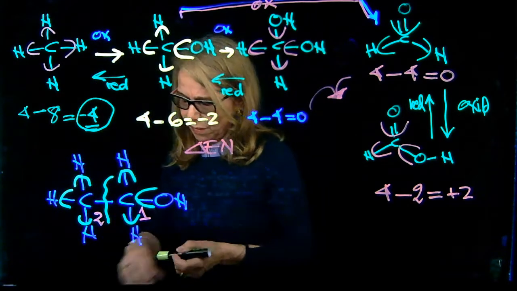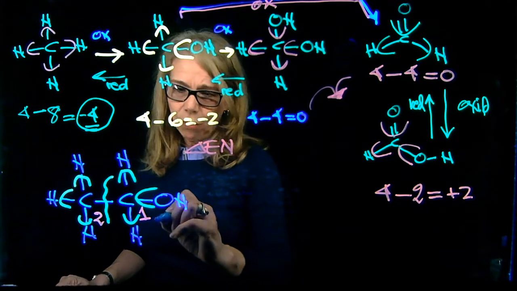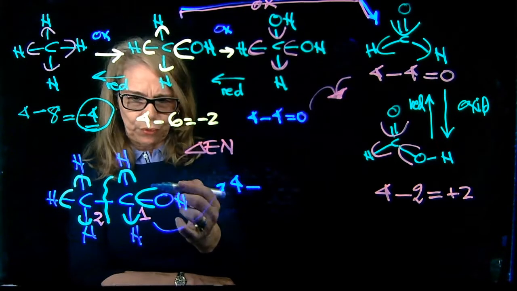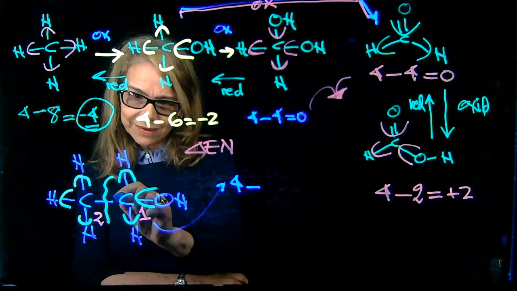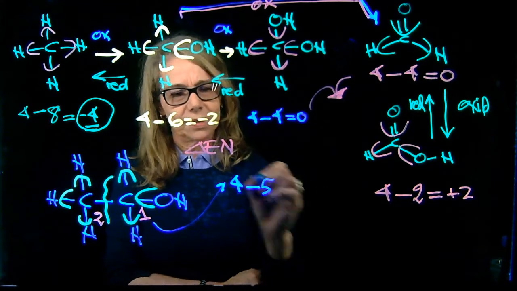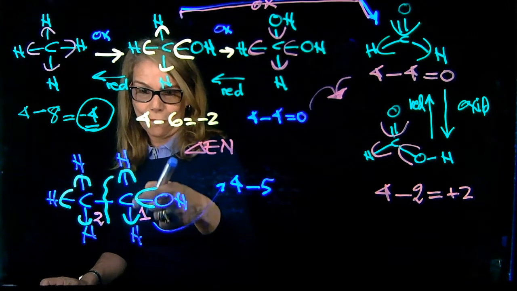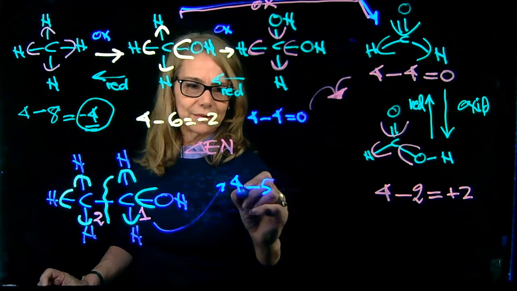Now let's do the math for carbon 1. The oxidation state is 4 minus, and then we do 2 here, and only 1 here. See, 2, 4, and then 5. Because this 2, remember, went to oxygen, so we only count those 2, 4, and then only 1 because this is split in half. So that's why it's 5.